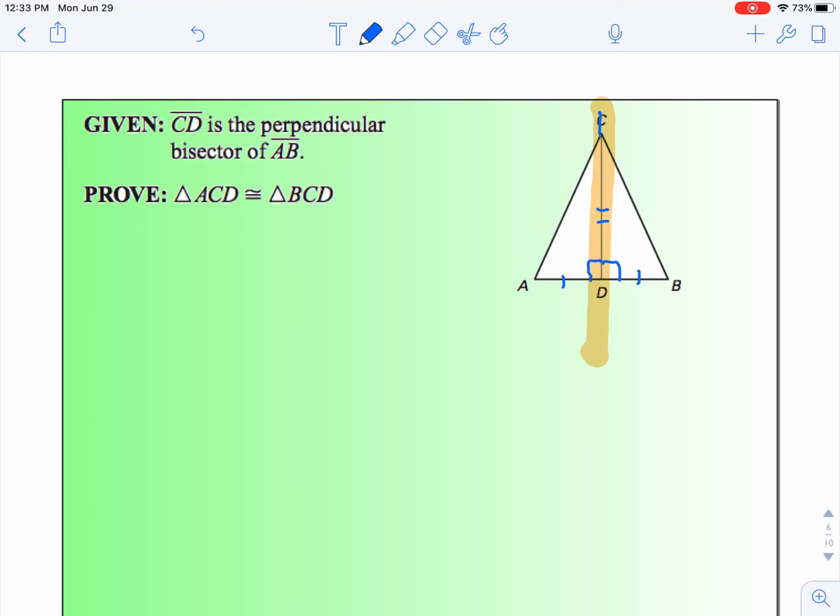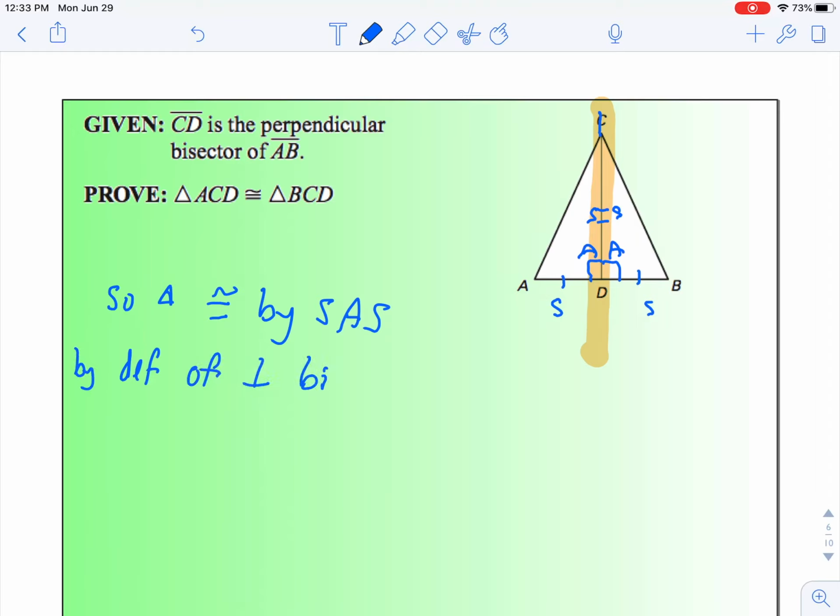Well, can I prove a triangle congruent with a side, an angle, and a side? Side, angle, side. Yes, I can. So the triangles will be congruent by side, angle, side. And the reason is, by definition of perpendicular bisector, AD will be congruent to BD.